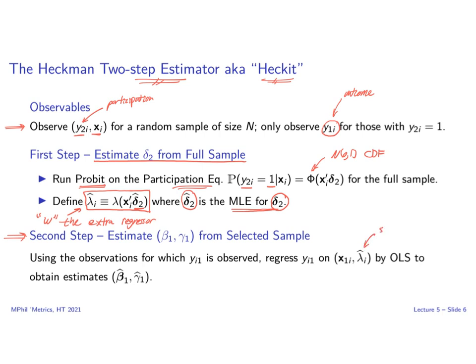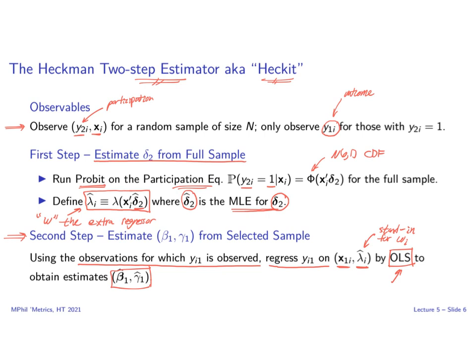So using the observations for which yi1 is observed, namely using the selected sample, in the second step, we regress y1 on x1 and the lambda hat that we constructed in the first step, and this regression is simply by OLS. The resulting estimates, beta 1 hat and gamma 1 hat, give us what we're after.